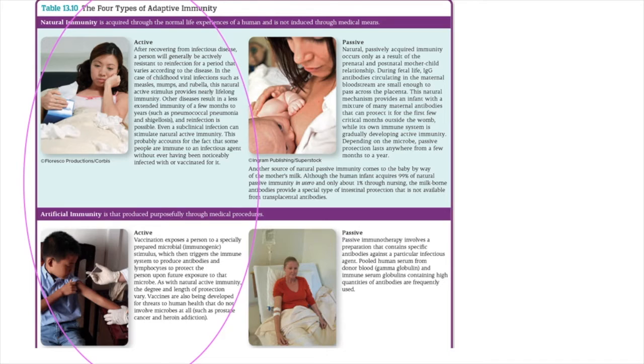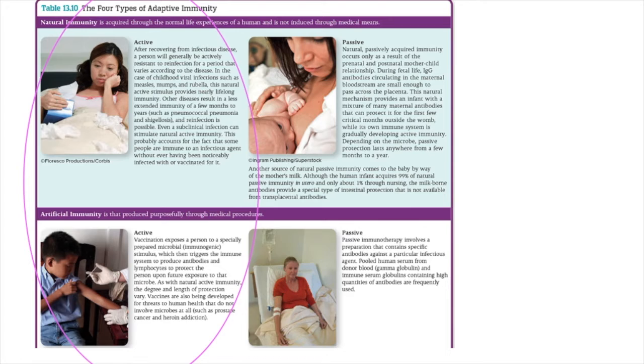We can also mimic the natural process of active immunity by exposing your immune system to antigens in such a way that they are what we call antigenic. They produce memory and immune response without producing disease. And we do that through the use of vaccines. That's the principle of all vaccines.